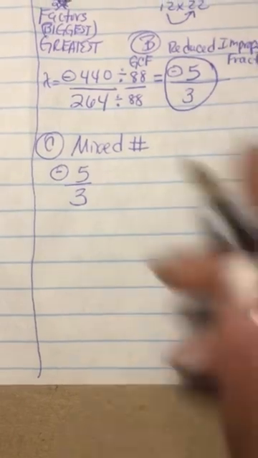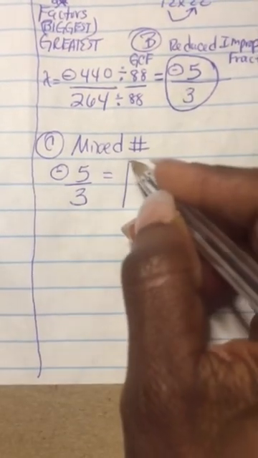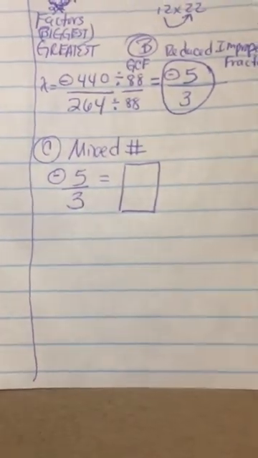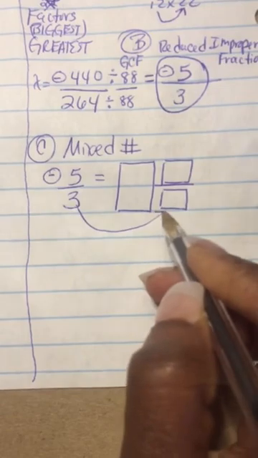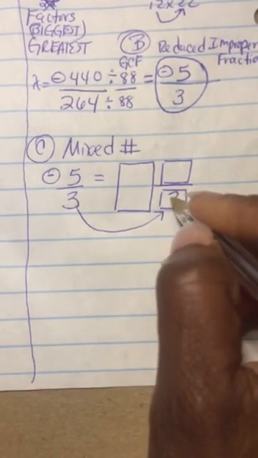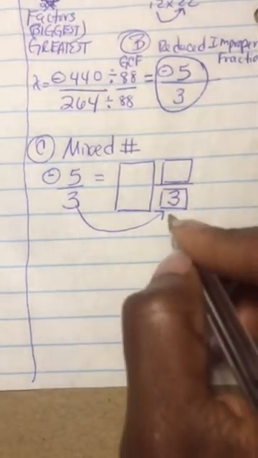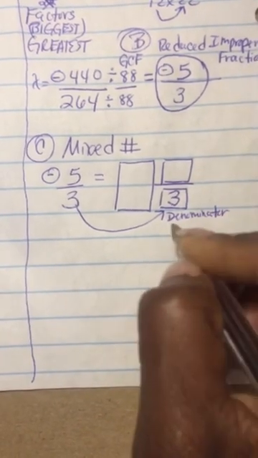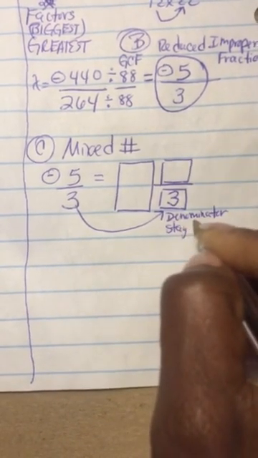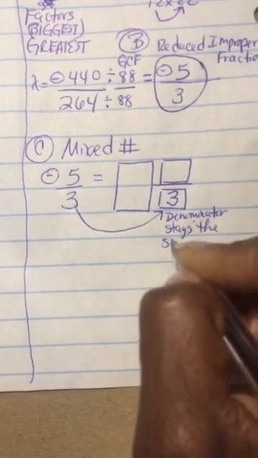In order to make a mixed number, we need a big number in the front and we need 2 smaller numbers in the back. And just know that this number 3, the denominator always stays the same. So denominator stays the same.